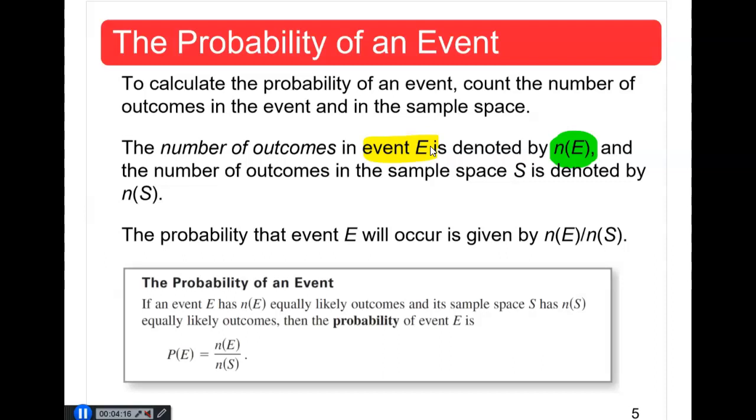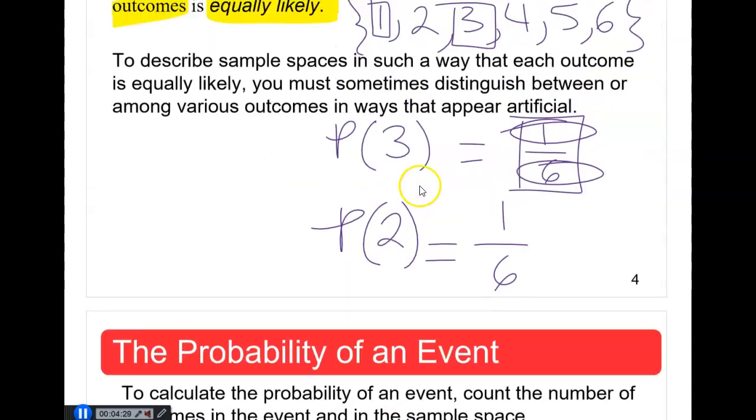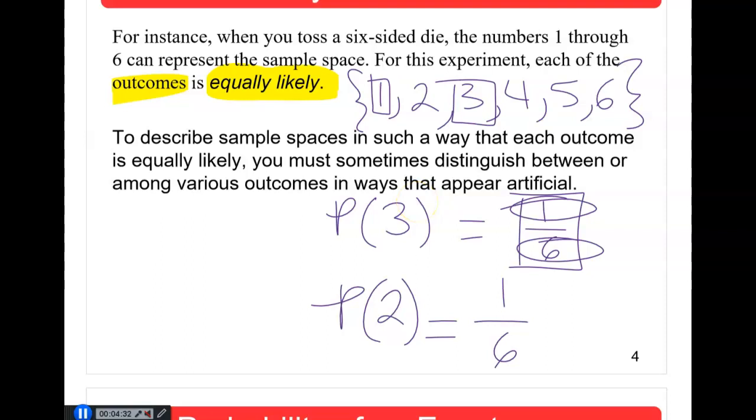And the number of outcomes in the sample space will be denoted by n of S, and of course for the sample space we use S. So if I go back here, the set of the sample space will be capital S. Here, the 1 is representing the number of ways to get a 3, and the 6 is representing the number of outcomes in the sample space. That would be n of S, which is 6.